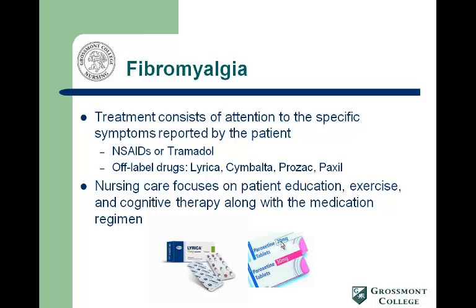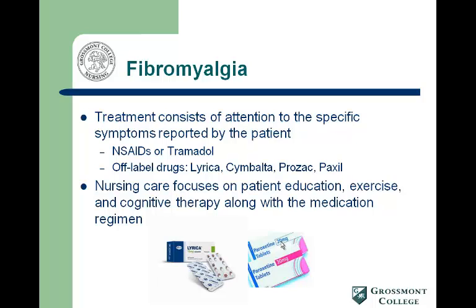Now there's some off-label uses of some other drugs, and off-label means that that's not what they're prescribed for. They may not even be approved for that, but it has been found to work, so doctors will prescribe it. So these are all antidepressants and anti-anxieties, except for Lyrica, which helps deal with neuropathy and restless leg syndrome.